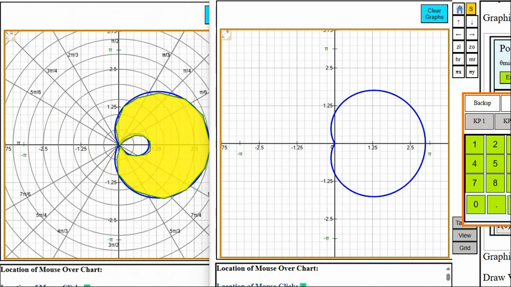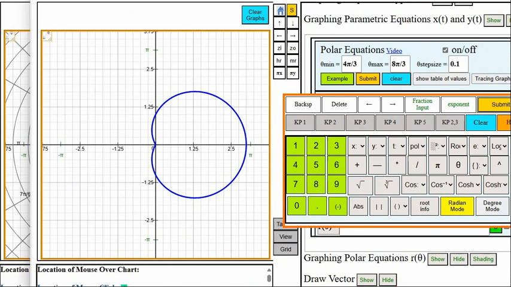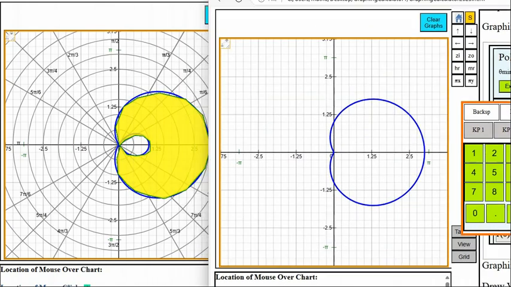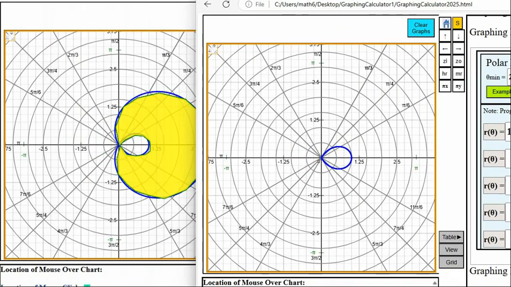And if we graph theta from 4 pi over 3 to 8 pi over 3, this is what we get. We get the outer loop. And so, once again, to find this yellow shaded region right here, we can find the area of this region, and then find the area of the inner loop, and then we subtract.